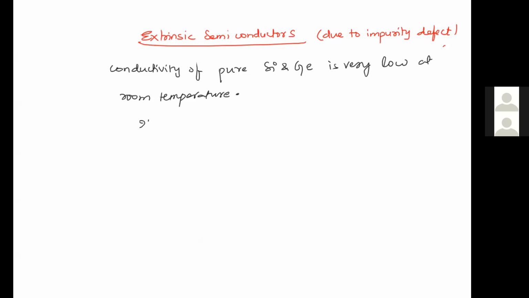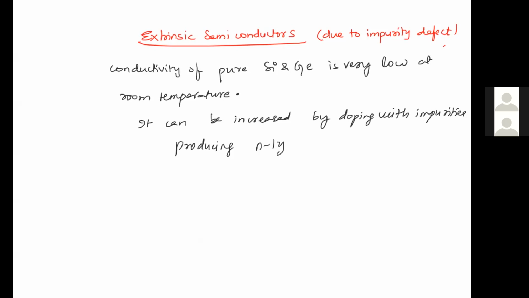But it can be increased by doping with impurities, which produces N-type or P-type semiconductors. I told you what they are.